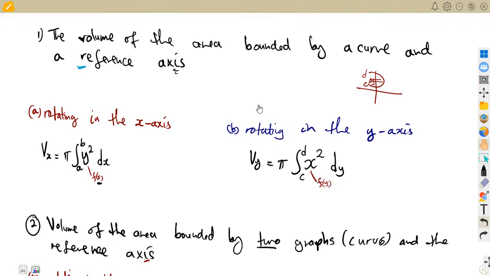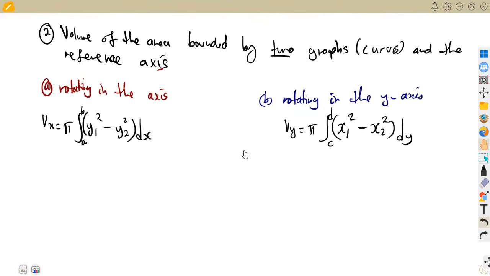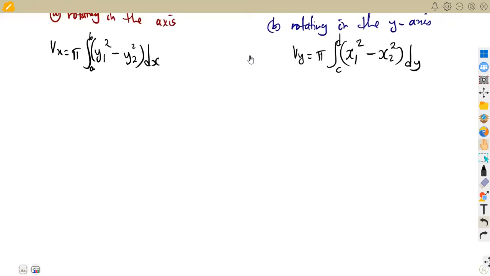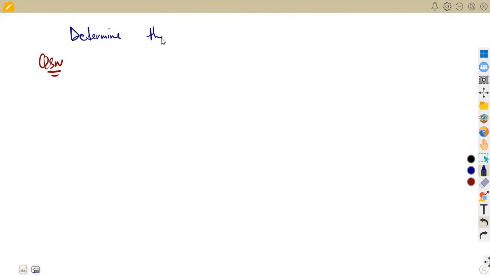All right, so with me here, I'm just going to focus on one or two questions where we want to apply the formulas that we have on top. So let us say we're given a question in this case, to determine the volume generated.